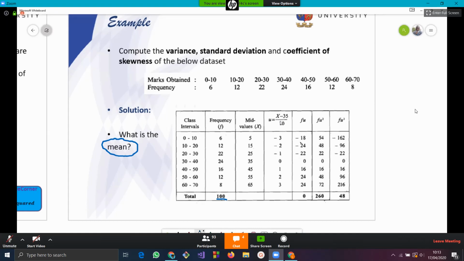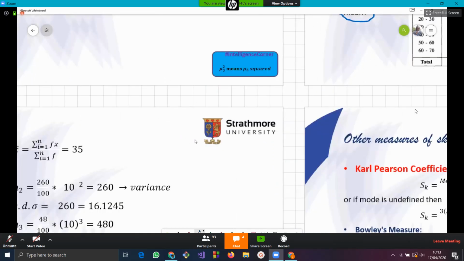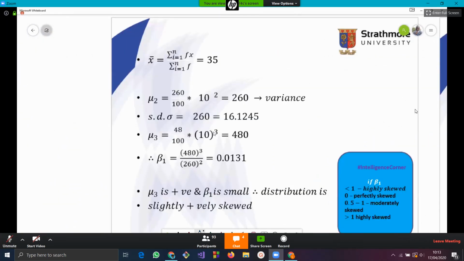But ideally, you can play around with this column. People normally play around with this column. You can divide by 1,000, you can multiply by 60, provided that whatever you do here, you do the opposite when you're recovering this value. Because I divided here by 10, when I was finding the second moment, I'm multiplying by 10 squared, and in the third moment I'm multiplying by 10 cubed.